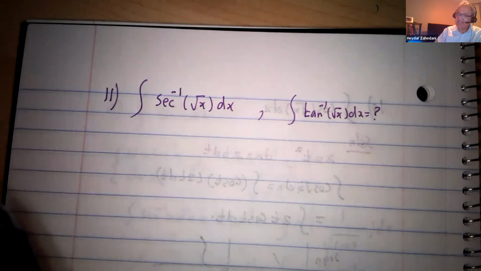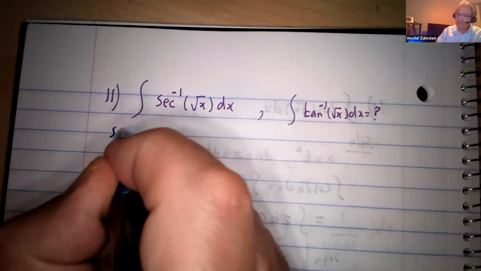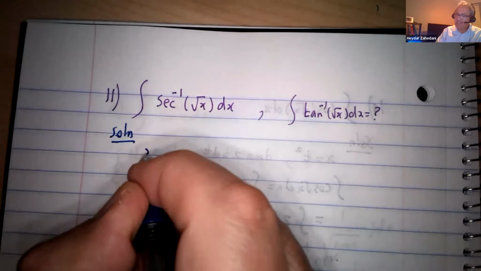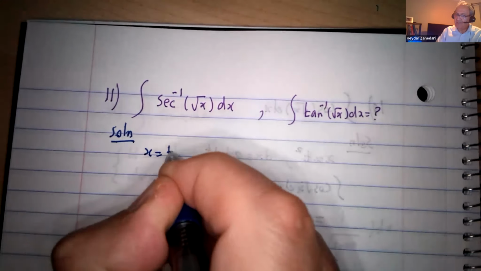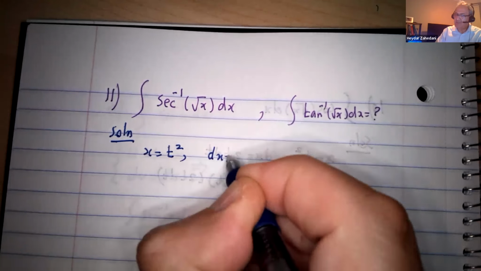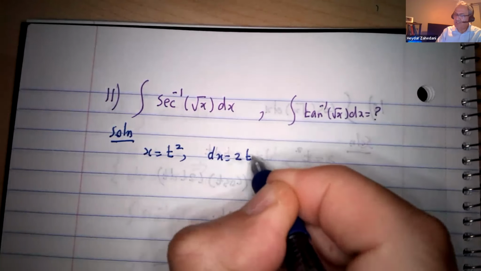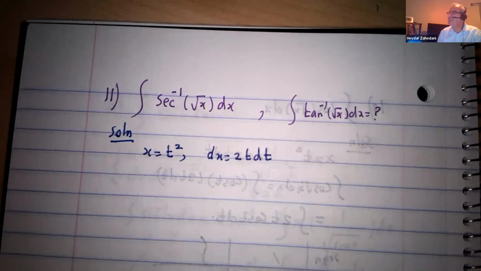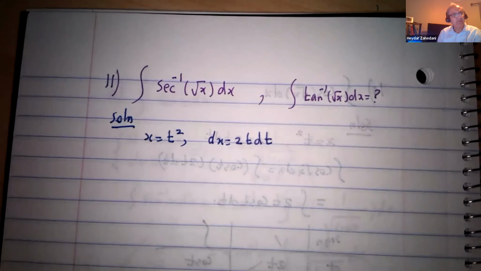So this is the solution. Mini substitution: x equals t squared, and then dx is equal to 2t dt. Substitute, change it.